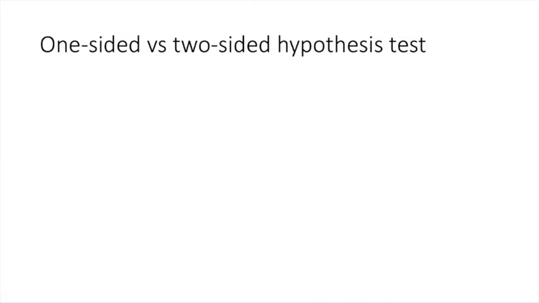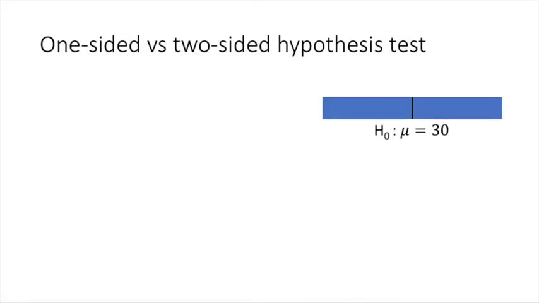Hypothesis tests can be of two types, one-sided or two-sided, and it all depends upon how you frame the alternative hypothesis. If the null hypothesis says that the mean equals 30 and the alternative hypothesis states that the mean is greater than 30, then the hypothesis test will simply check the probability of observing the sample mean on one side, that is above the mean value of 30.